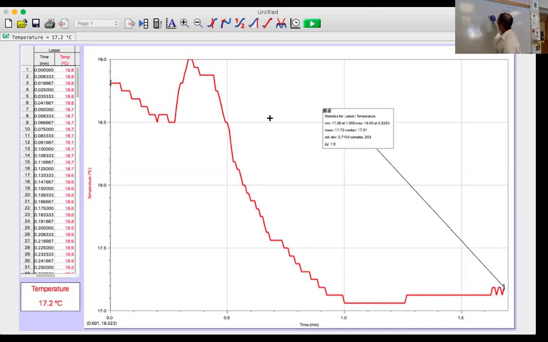All right, so our temperature max was 19.00, and our temperature min was 17.06. Those are both in degrees Celsius.